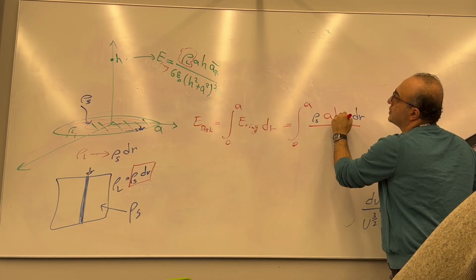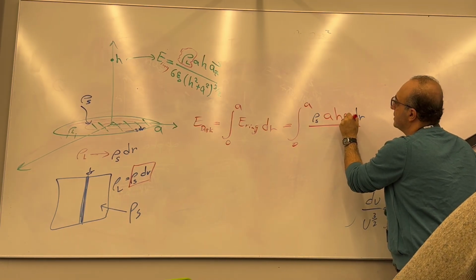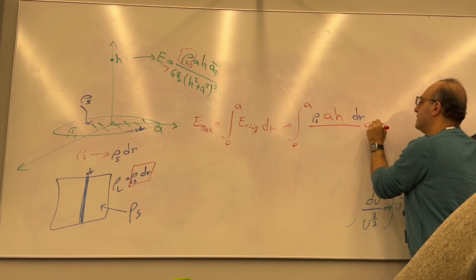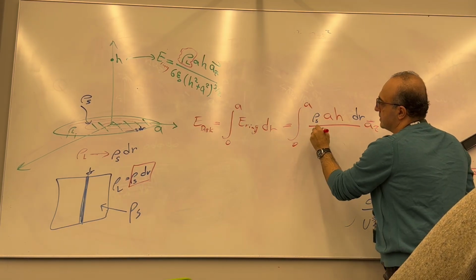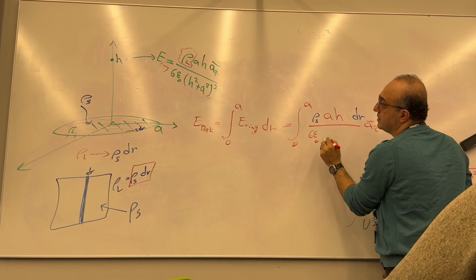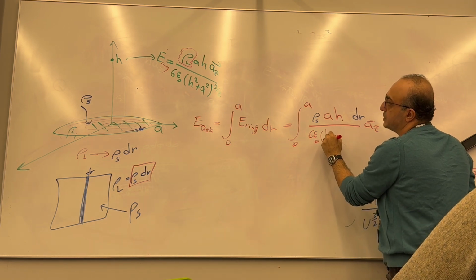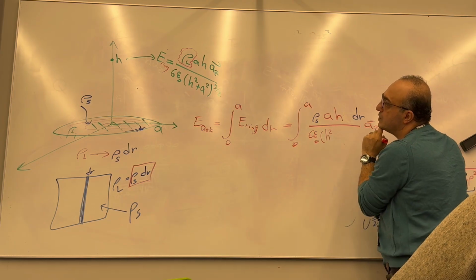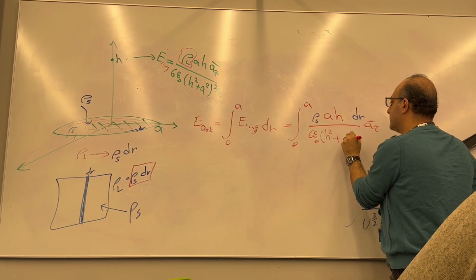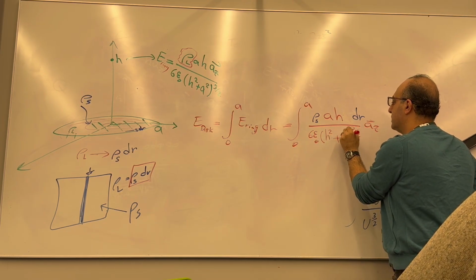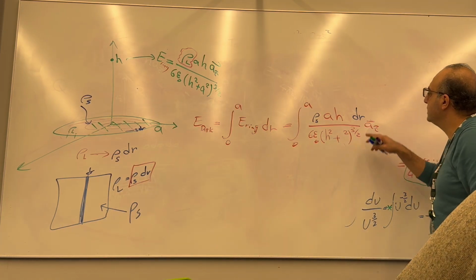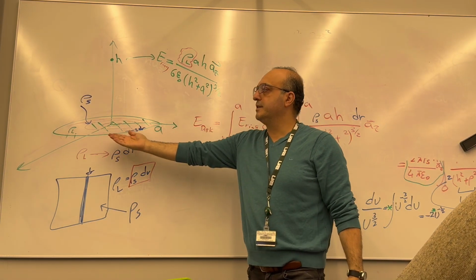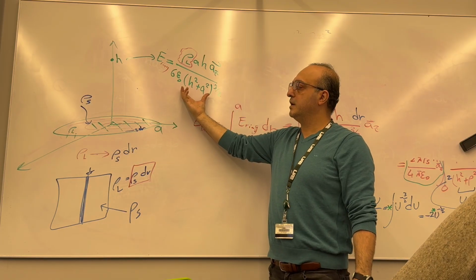A, H, A, Z is going to be A, Z, or I will put it outside, A, Z over 6 epsilon 0, H squared plus, it is dr. What is the R here in this formula?